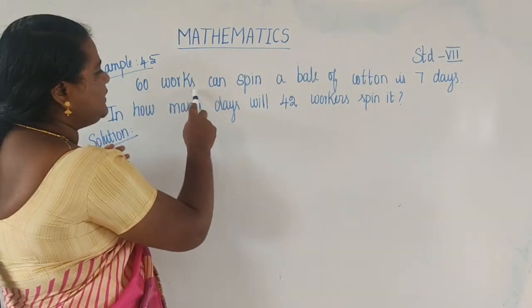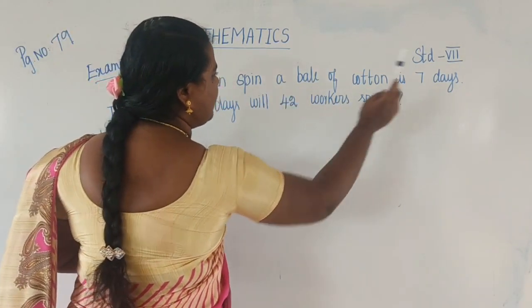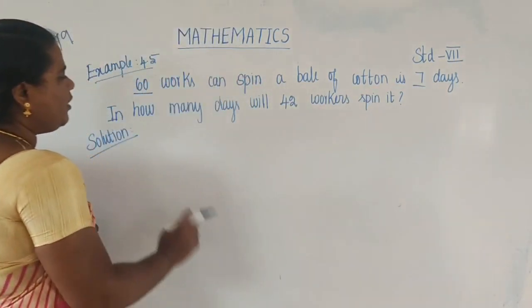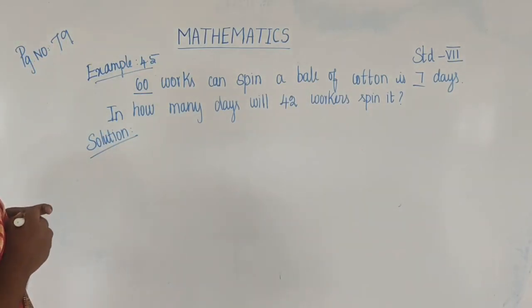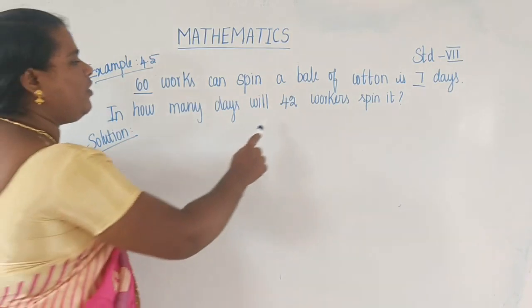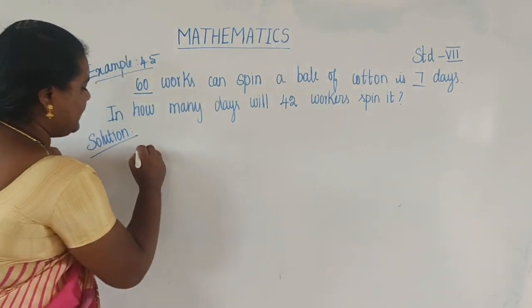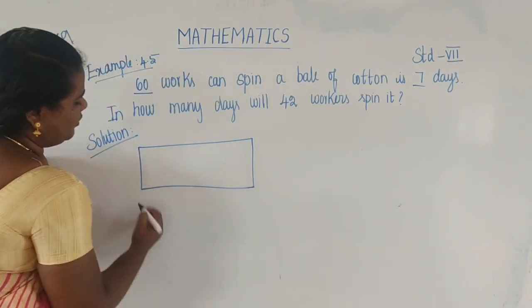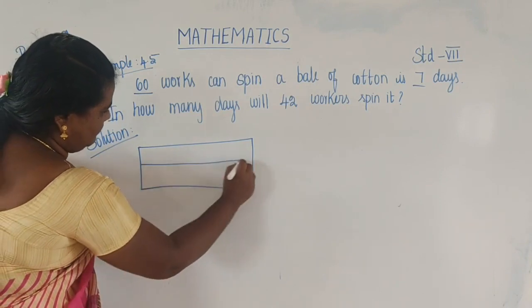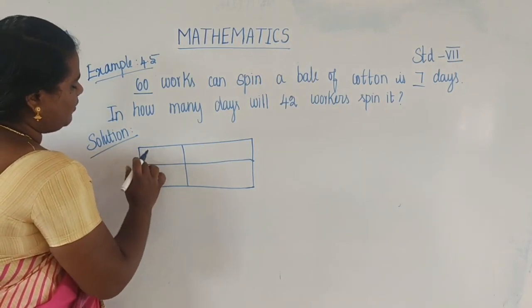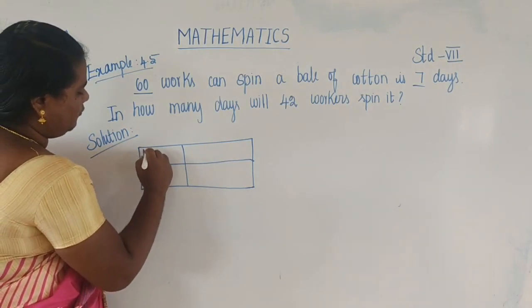60 workers can spin a bale of cotton in 7 days. So number of workers is 60 and number of days is 7, and the unknown number of days is the variable x. Okay, and 42 workers are spinning. First we draw a table. First row, number of workers.